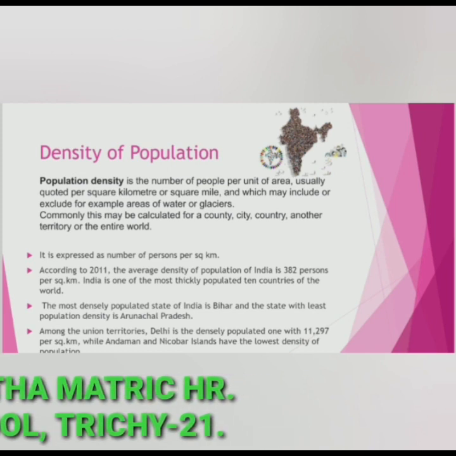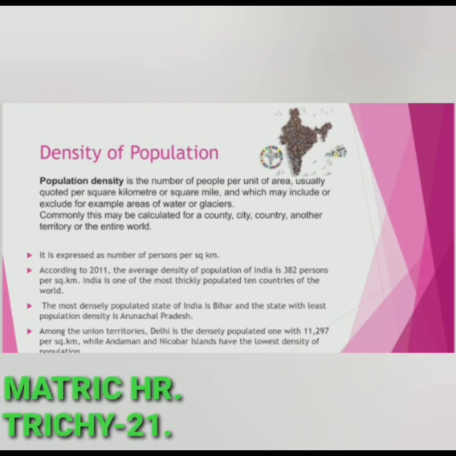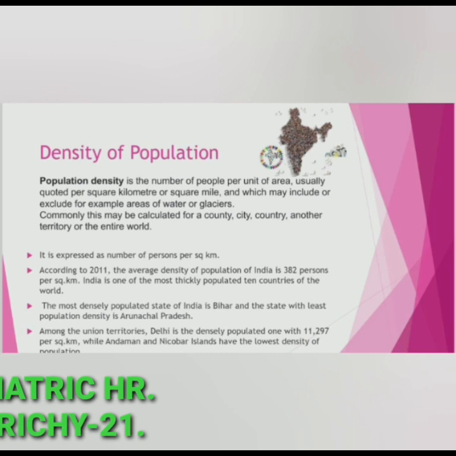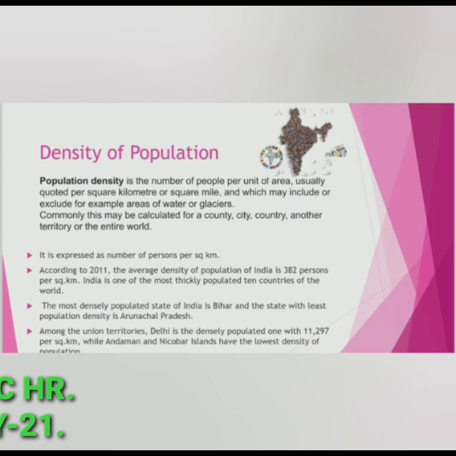The most densely populated state of India is Bihar, and the state with least population density is Arunachal Pradesh. Among the union territories, Delhi is the most densely populated one with 11,297 per square kilometer, while Andaman and Nicobar Islands have the lowest density of population.